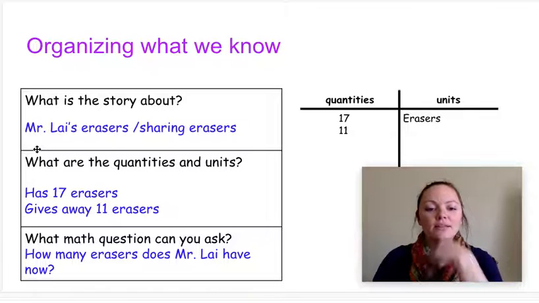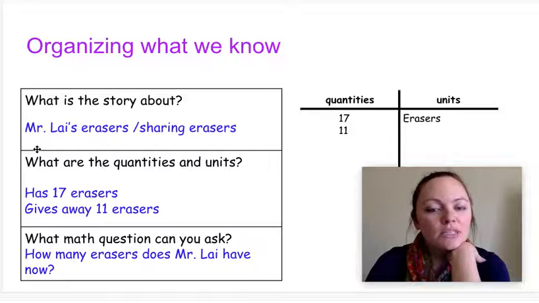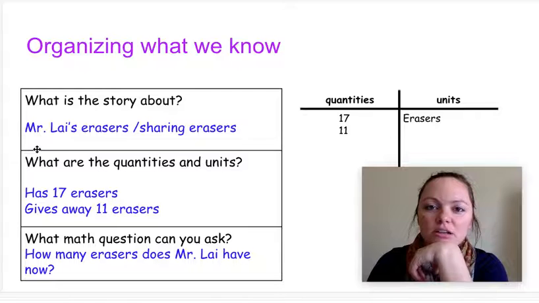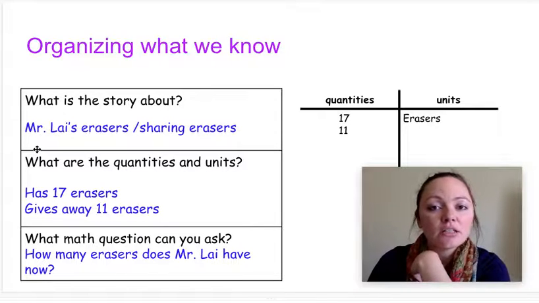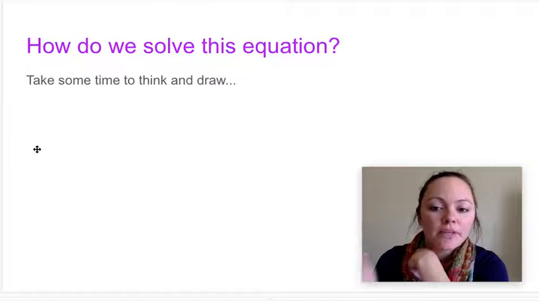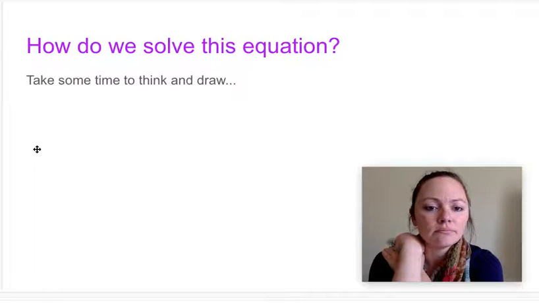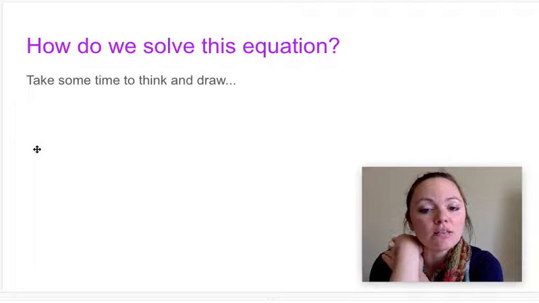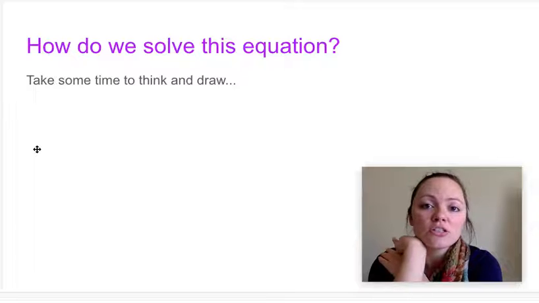All right. So, with this information that we've organized, we need to figure out a way to solve this problem. We also need to come up with an addition equation and a subtraction equation. So, how do we solve it? I want you to take some time to think about how you would solve this and then draw. A good place to start, if you're not sure, is to draw out the amounts.